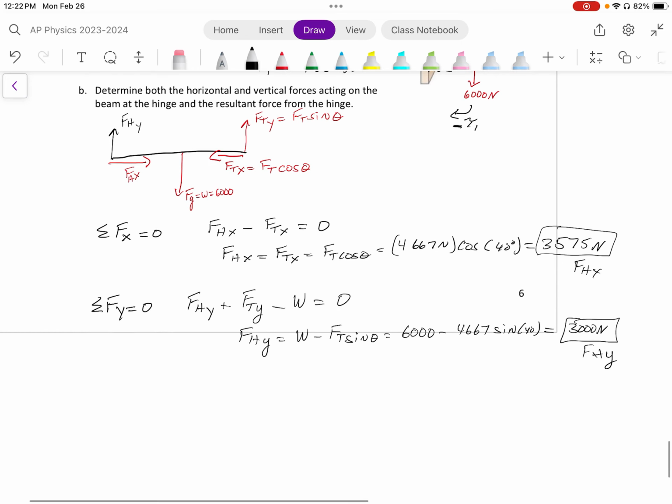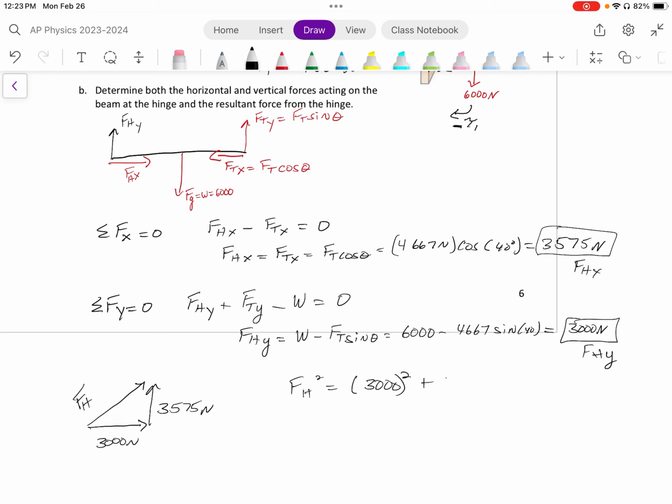Now, what is the resultant force of the hinge? Well, I have to draw those tip to tail. So here's my x and here's my y. This is 3,000 newtons. This is 3,575 newtons. And I will use the Pythagorean theorem to find the actual force of the hinge. So we know that force of the hinge squared is equal to 3,000 squared plus 3,575 squared. And then we'll add those together and take the square root.